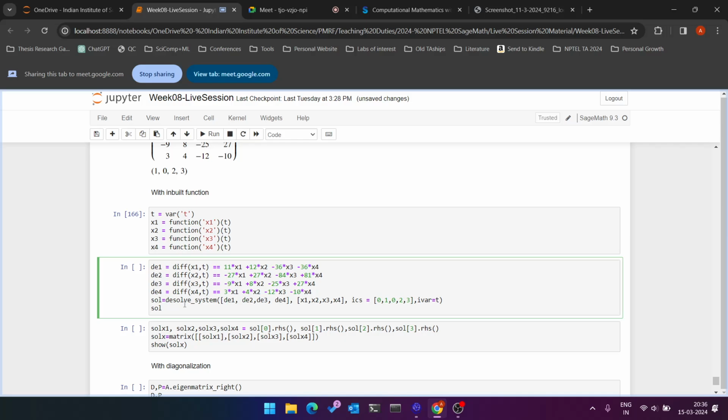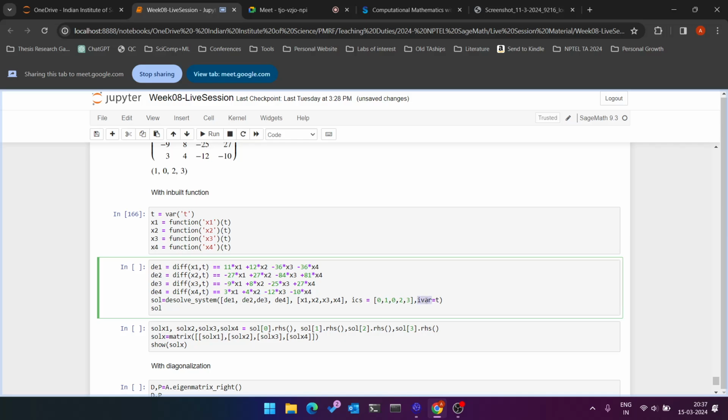Now I solve them using the inbuilt function dsolve system. So the four equations are d1 to d4, the functions are x1 to x4 of t, and the initial condition contains the initial value of t, which is t equal to 0, and the values of x1, x2, x3, x4 at t equal to 0.